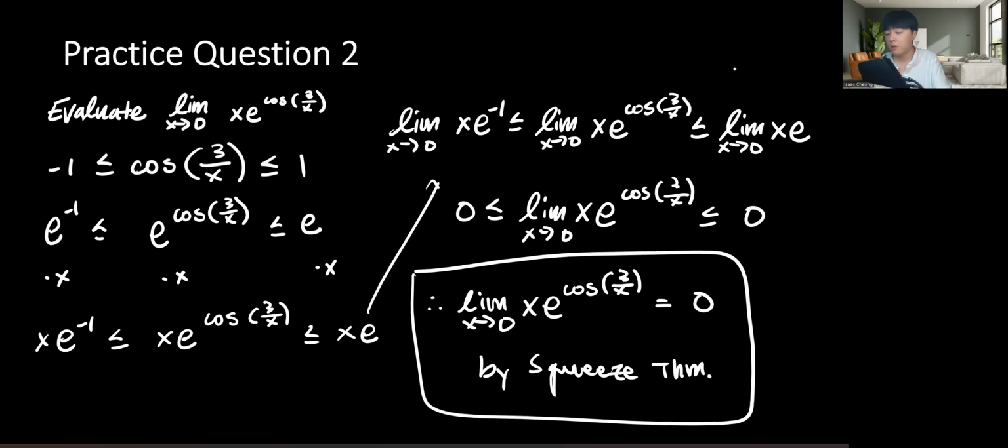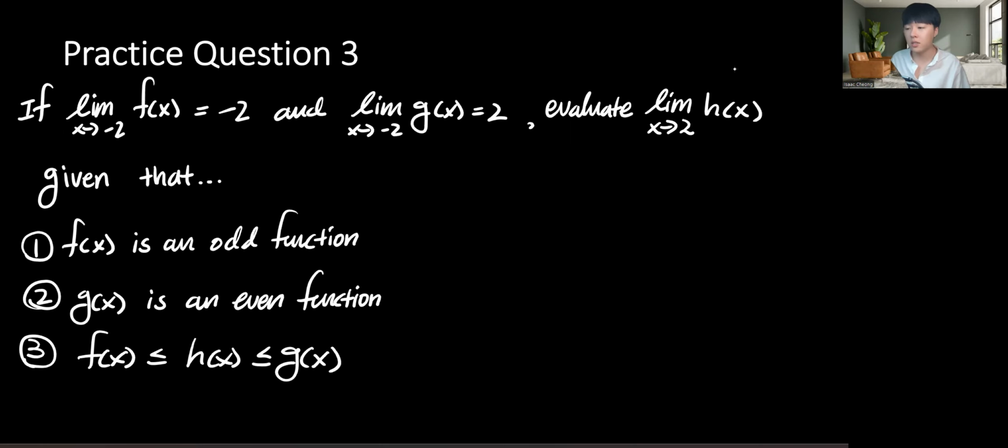Okay, let's do the next question, which is this one. This question is a little bit difficult, so let's focus here. Let's say the limit of f(x) as x approaches -2 is equal to -2, and the limit of g(x) as x approaches -2 is 2.